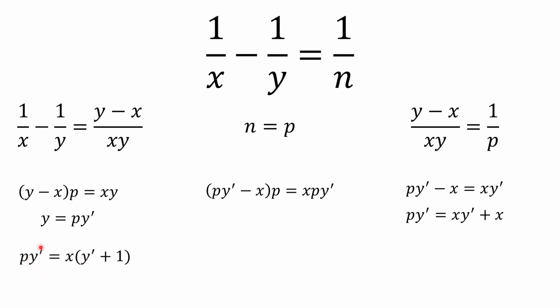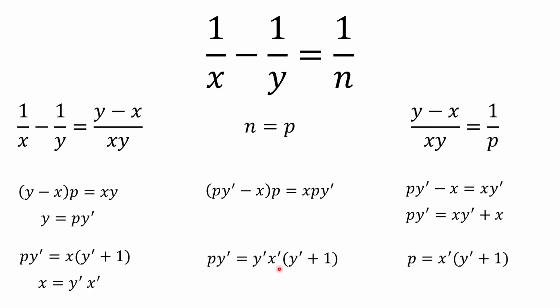Here again, we know that y prime and y prime plus 1, they are prime with respect to each other. That means x must be equal to y prime times x prime. These are all first. We replace it. Instead of x, we put y prime times x prime. And now we see that y prime with this disappears.